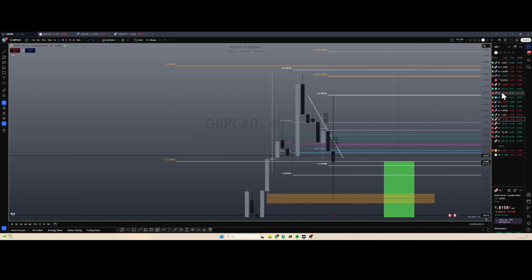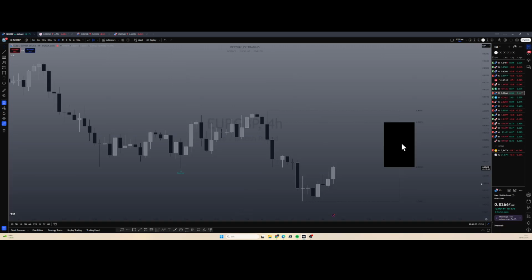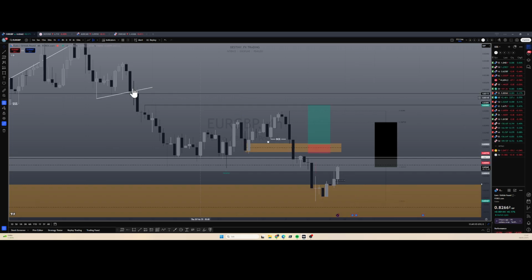So first of all, let's start with the Euro GBP trade I took, and I'll go through why I did take this trade and where this trade idea started from.